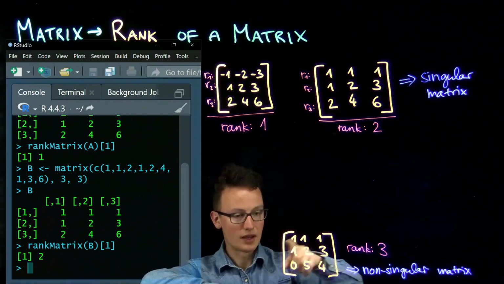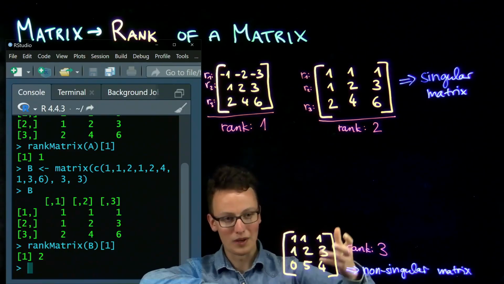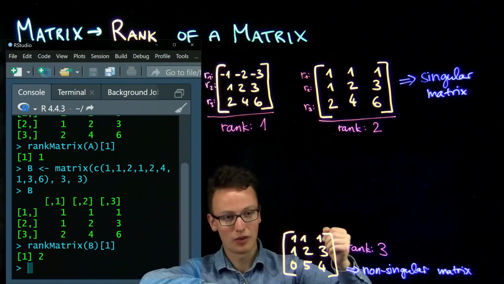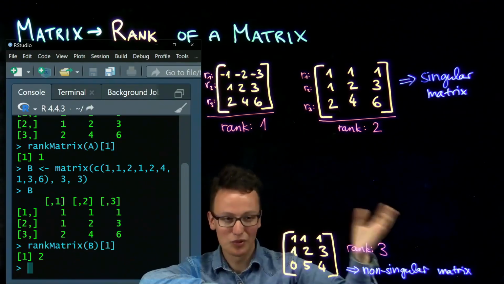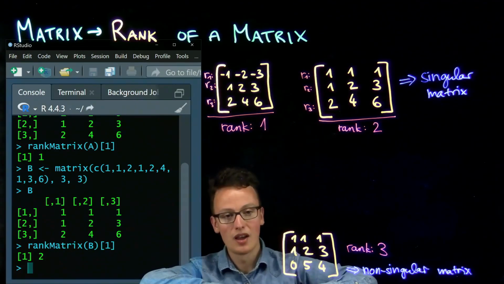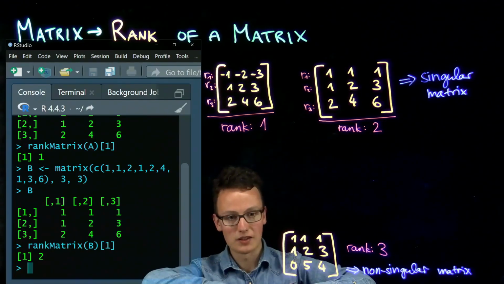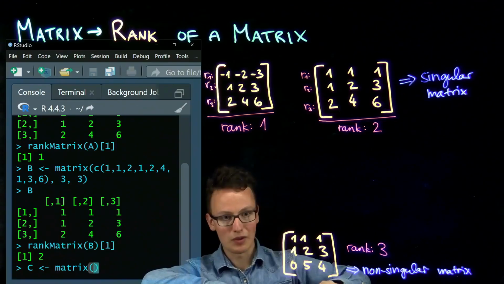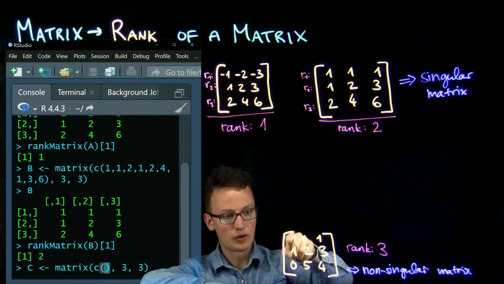And lastly, let's look at this non-singular matrix, which would always have the full rank. And full rank means if it's a 3-dimensional matrix, it should have rank 3, okay? The full rank for 2-dimensional matrices would be 2, of course. So let's call this matrix C. Again, we define it using the matrix command, specify its dimensions, and now go column by column.